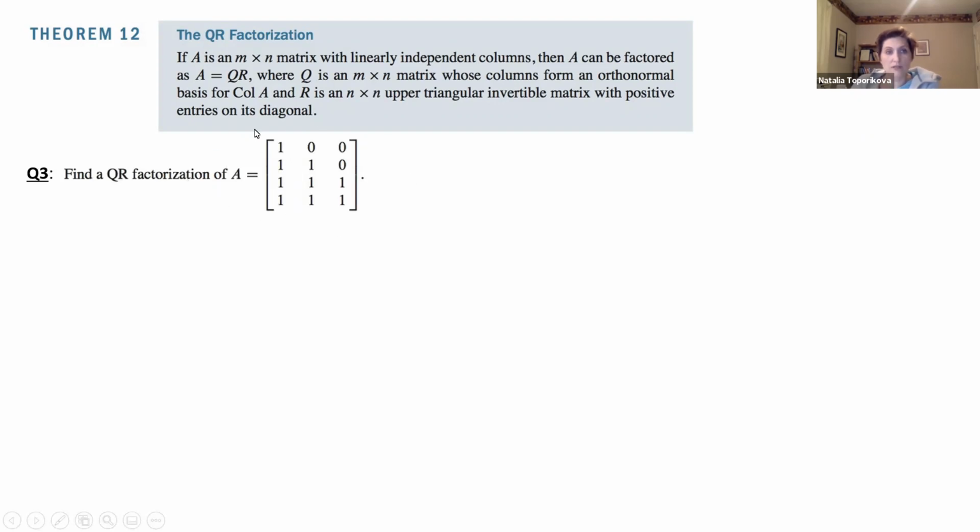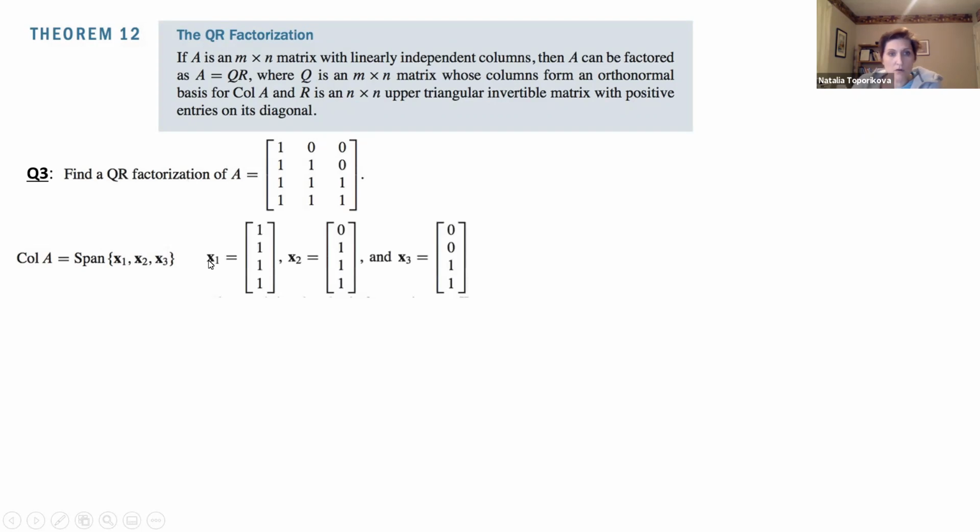For example, matrix A, a 3 by 4 matrix, which looks like that. Our column space contains just 3 vectors, x1, x2, x3, referring to the columns of the matrix. So we can write them down explicitly, and if we want to write down matrix Q, we need to create an orthogonal or orthonormal basis.